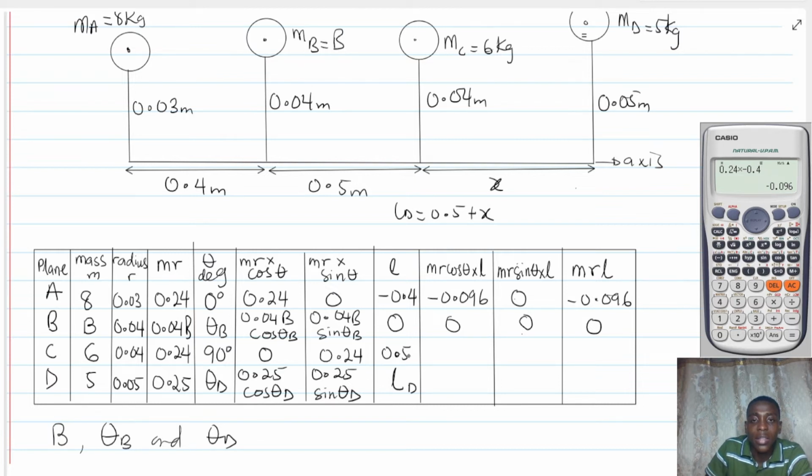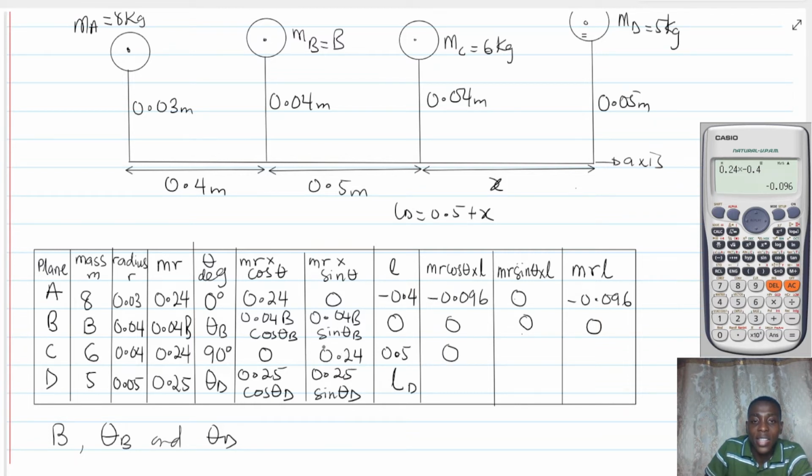Then let's take the third mass, mass C. I'll do MR cos theta times L, but MR cos theta is 0, so this is also going to be 0.